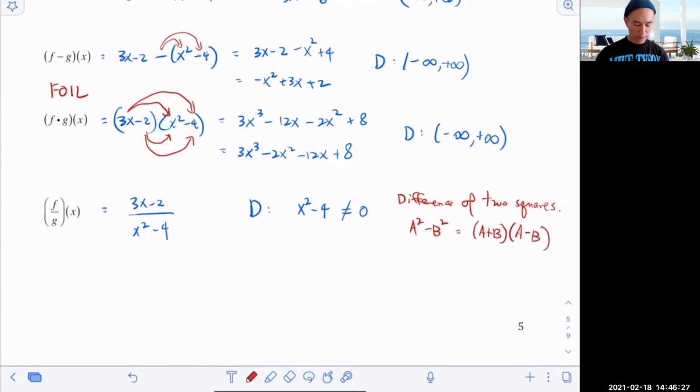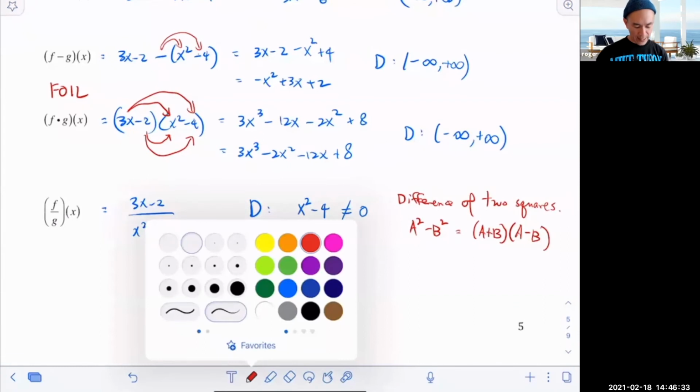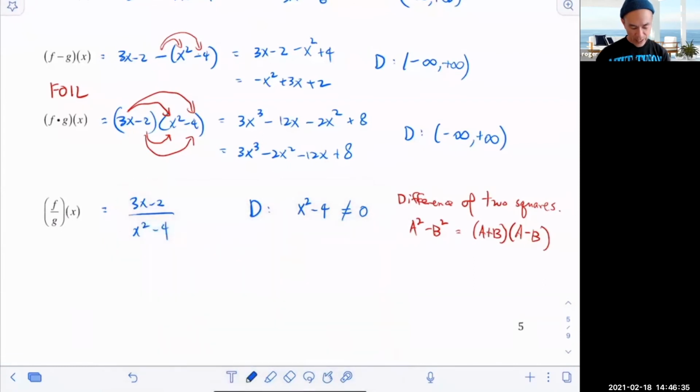Okay. So in this particular case, we can see that this is a difference of 2 squares by just noticing this is x squared minus 2 squared. We want that to be not equal to 0. So this becomes x minus 2 times x plus 2.